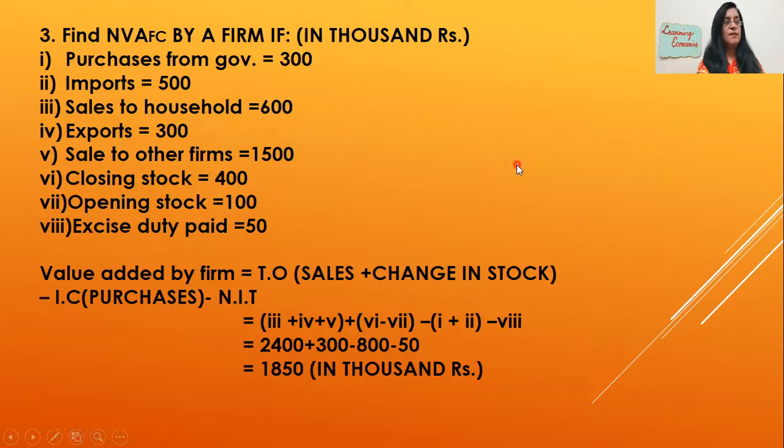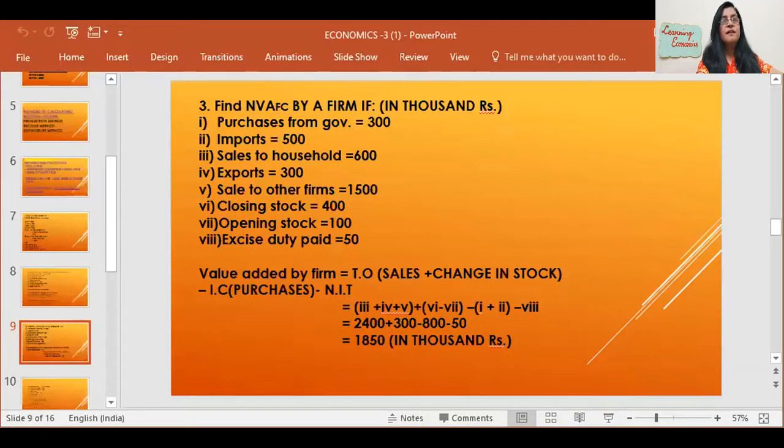If you want to see them again and again, you can, so that you can easily understand what I wanted to make you understand. Okay. So today we have done the production method, and in the production method we have to calculate NVAFC.